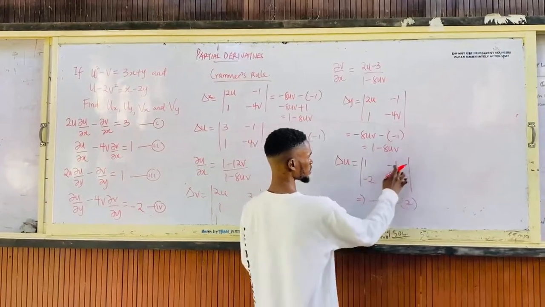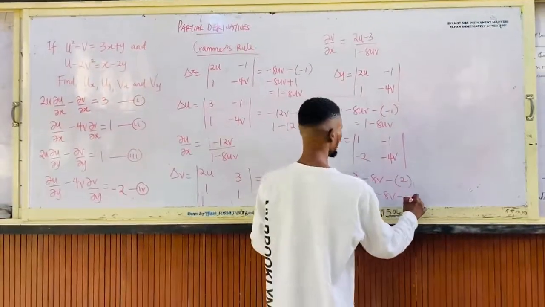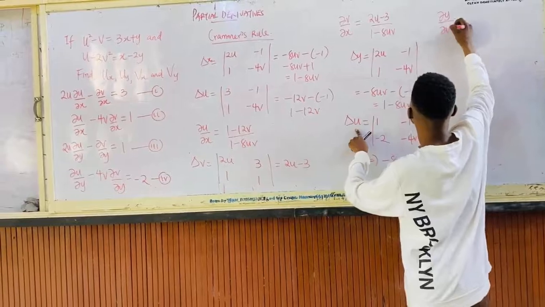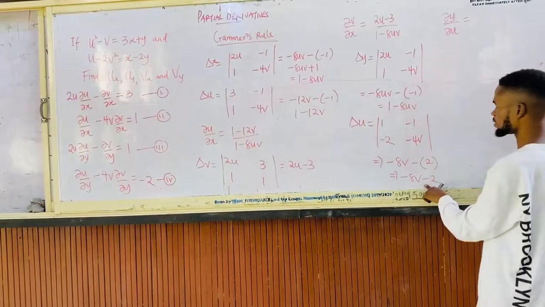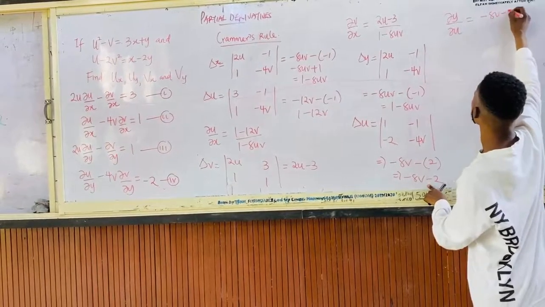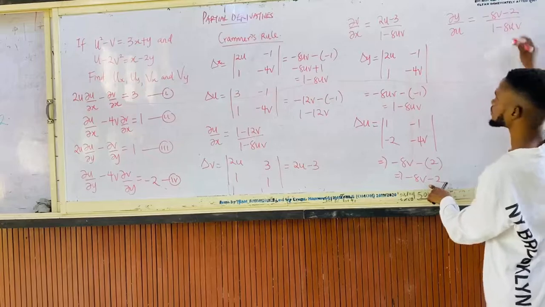That's minus 2 times minus 1 is 2. So that's minus 8v minus 2. That means the u del y will be this all over this. So that's minus 8v minus 2 over 1 minus 8uv.